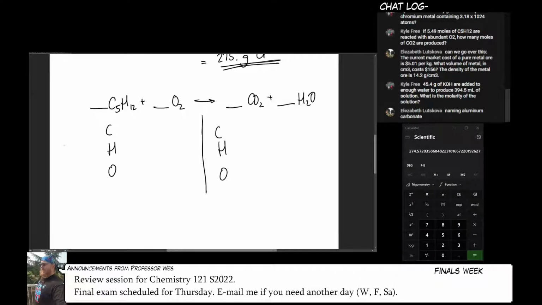All right, so I've got 5 carbon, 12 hydrogen, and 2 oxygen. And over here I have 1, 2, 3. So first move, well, balancing carbon should be pretty straightforward, right? We'll just do that. So this becomes 5. And then 5 times 2 is 10, plus 1 is 11.